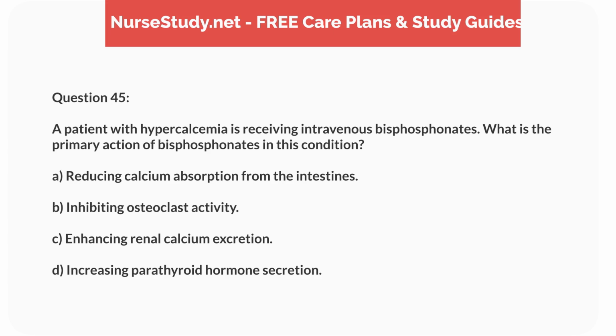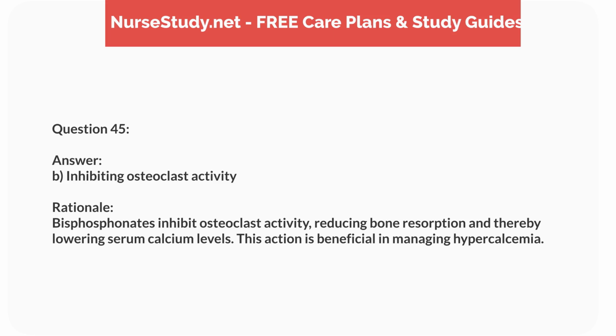D. Increasing parathyroid hormone secretion. Answer: B. Inhibiting osteoclast activity. Rationale: bisphosphonates inhibit osteoclast activity, reducing bone resorption and thereby lowering serum calcium levels. This action is beneficial in managing hypercalcemia.